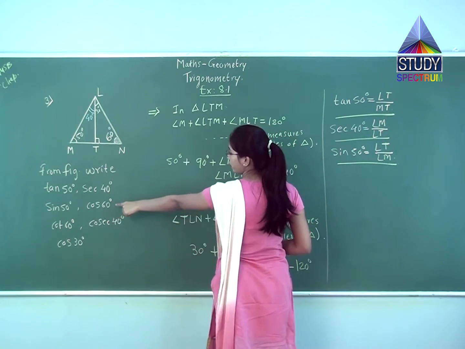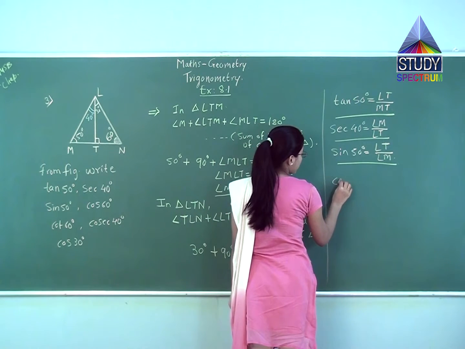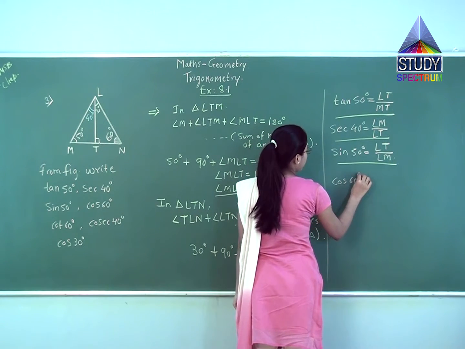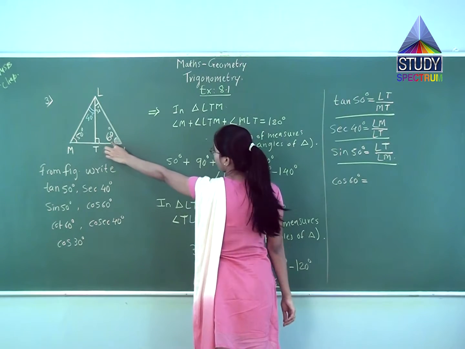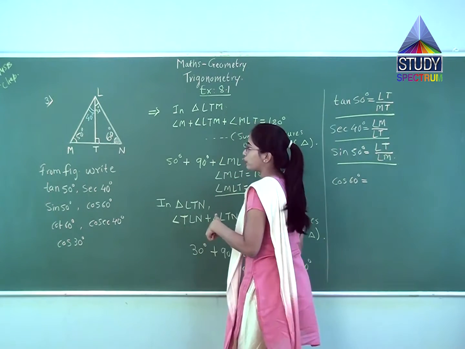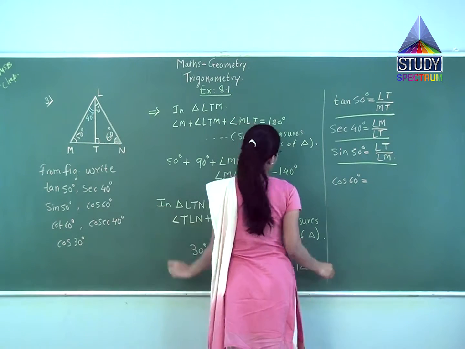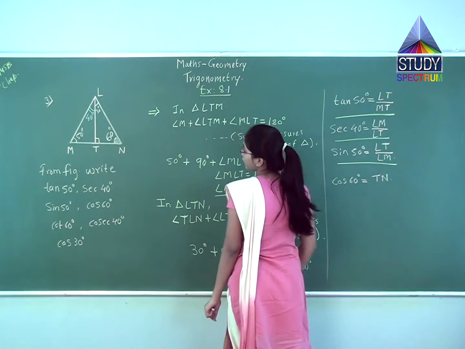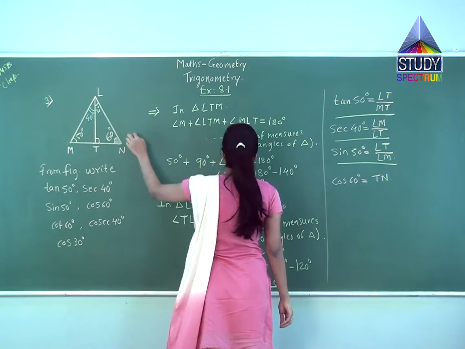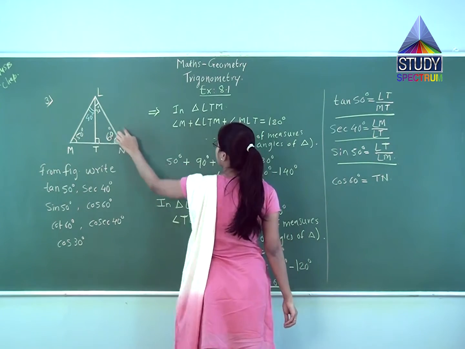Next ratio we want to find is cos 60 degrees, which means we will move to the next triangle because the 60 degree angle is here. So what is the formula of cos? Adjacent side upon hypotenuse. So the adjacent side is TN. Right? And what is the hypotenuse here? It is LN.